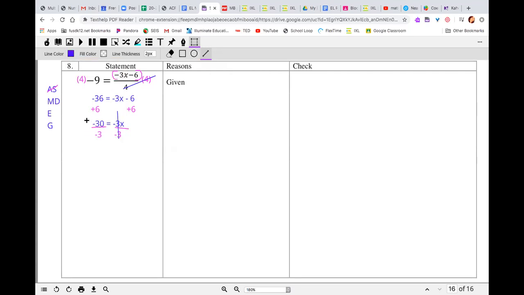These cancel out. And then what is negative 30 divided by negative 3?